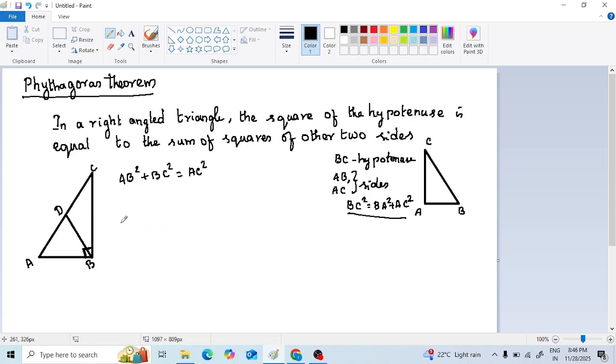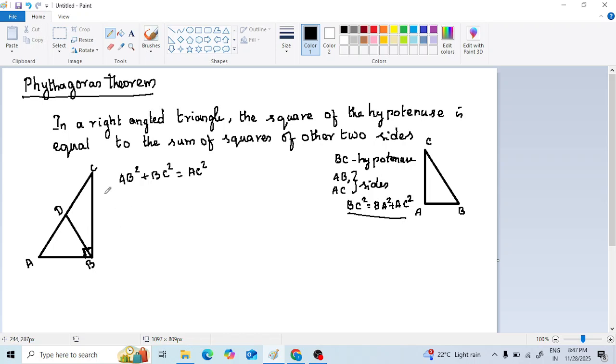That is the statement to be proved. So here B is a right angle, and I have taken a line BD. Now I have two triangles.